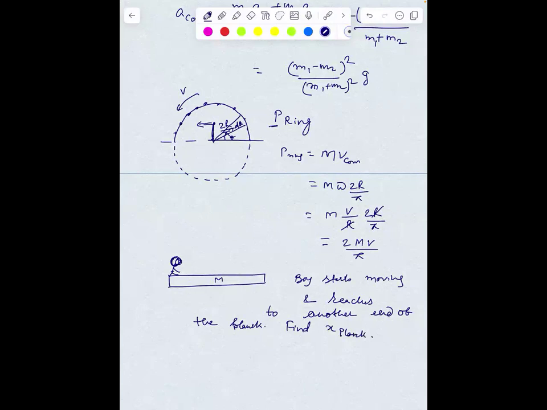Question you understood, guys? Boy started moving; you have to calculate the plank displacement when the boy reaches the other end.